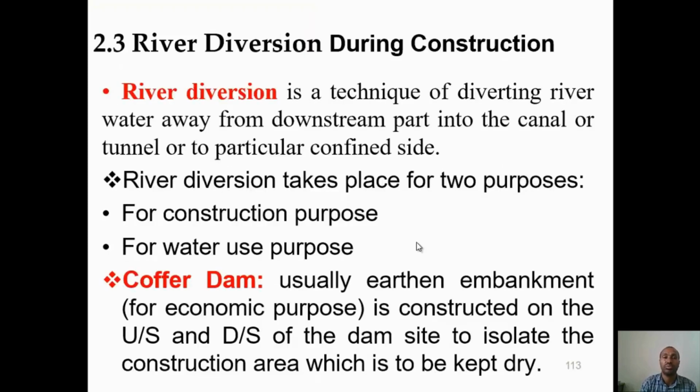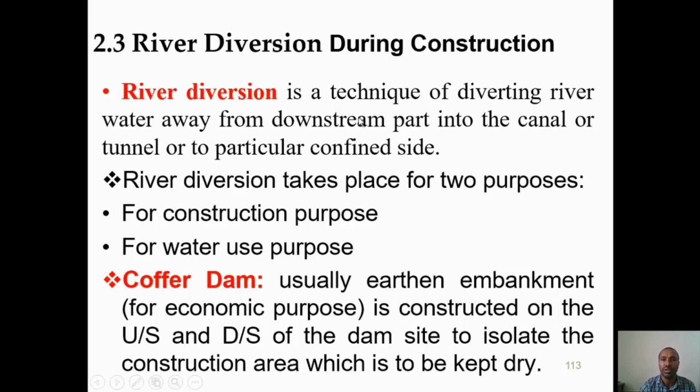Okay, the next topic is river diversion during construction. In any construction activity you may have a flood, or you just have a river flowing. Then how do you divert this flow in another direction so that construction can be done without any problem?